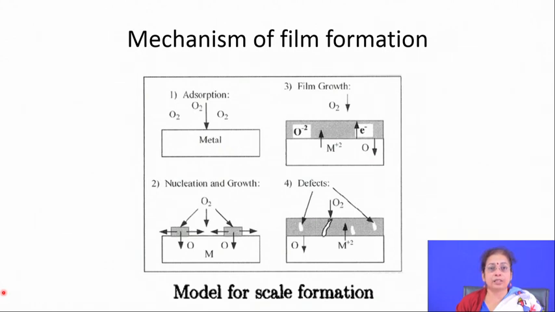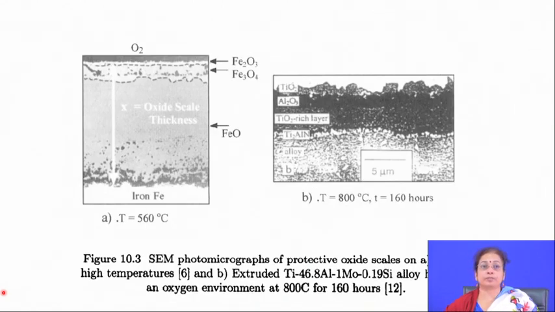Then whether it continues or not depends on which elements and oxides are on the surface, and its nature: the kind of defects in the oxide scale, whether it is highly protective or not, and the kind of stress generated after the oxide scale formation. All those factors play an important role in determining the overall kinetics of the oxidation after the film formation.